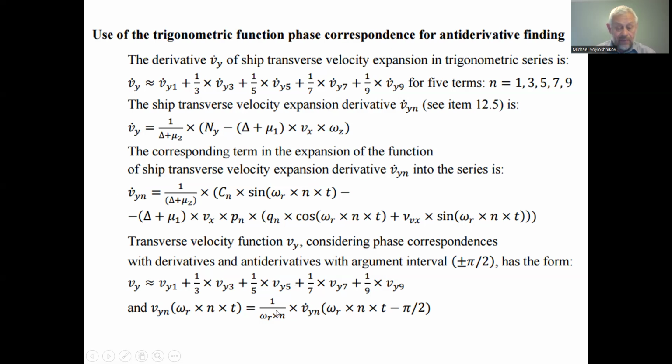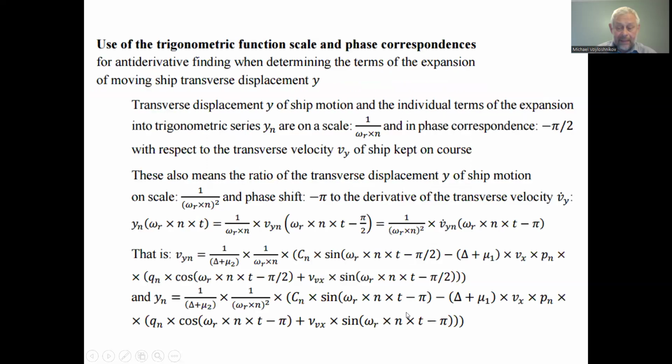When we differentiate or integrate the function, we have the factor ahead of the function, or the denominator, and the shift of the phase, the phase corresponds to minus pi divided by 2 with respect to the transverse velocity of the ship kept on course.